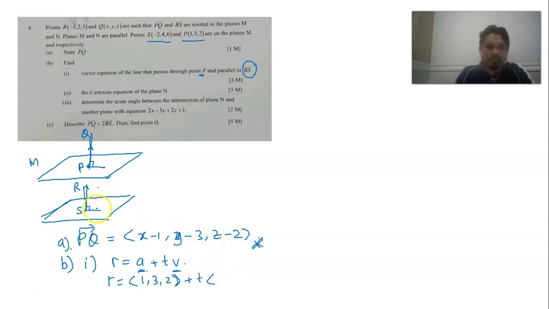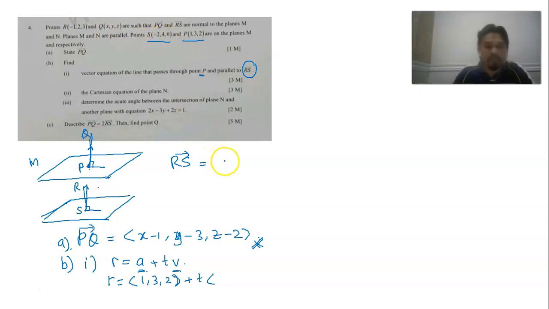We may use the vector of RS, from R to S, where S is (-2, 4, 6), and R is (-1, 2, 3).